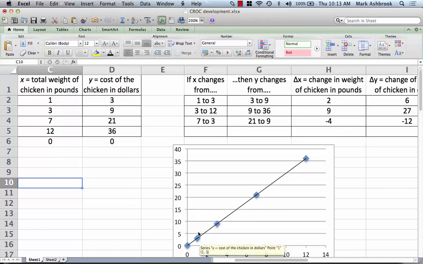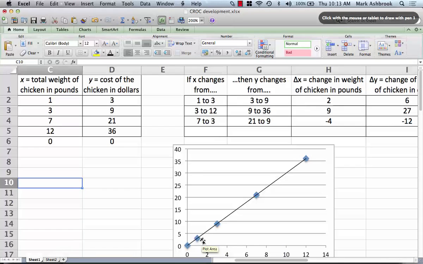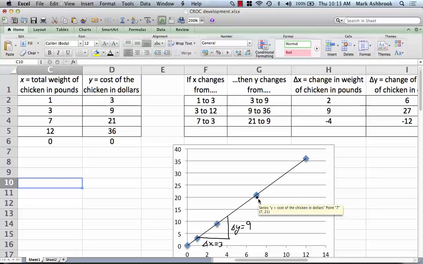Say if I increase by 3. If delta x is 3, then what's delta y? 9. And up here, if delta x is 3, what's delta y?